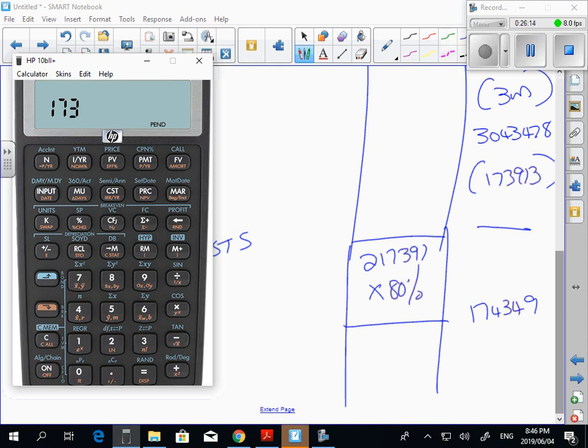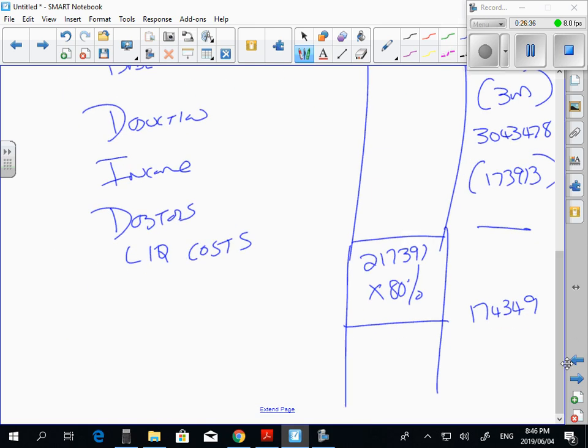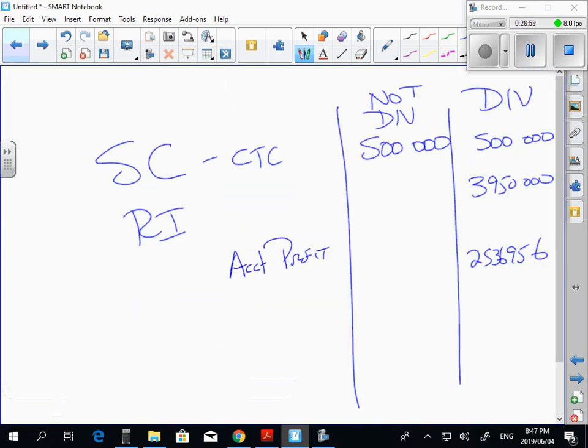Minus 173,913 plus 3,043,478 minus 3 million plus 1.6 million equals 1,643,910 times 0.28 gives me 460,294, and 460,294 goes in as my tax payable.